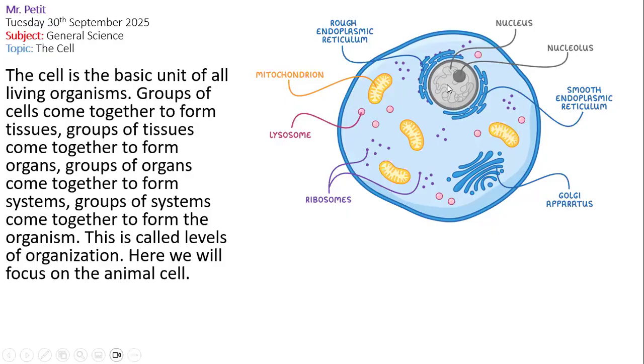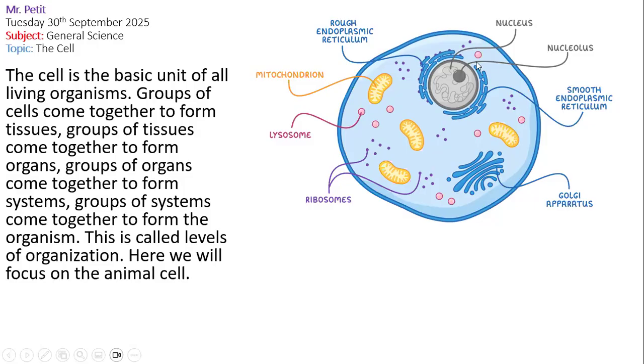Chromatin contains DNA. But you basically could say the nucleus has DNA inside it. One of the main functions of the nucleus is to store DNA and to protect it from the outside of the cell. That's why we have it inside a membrane.